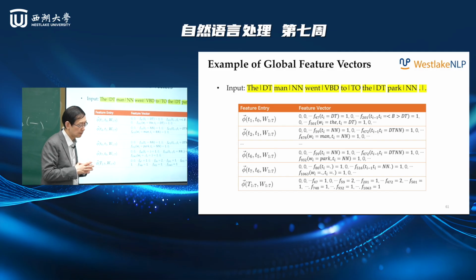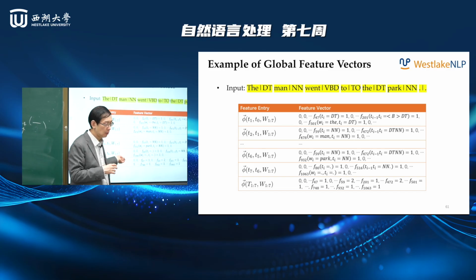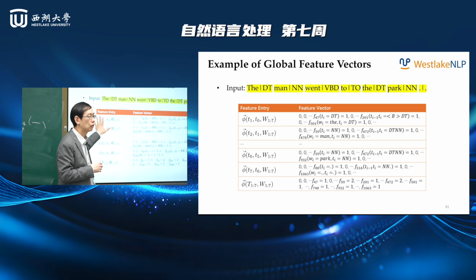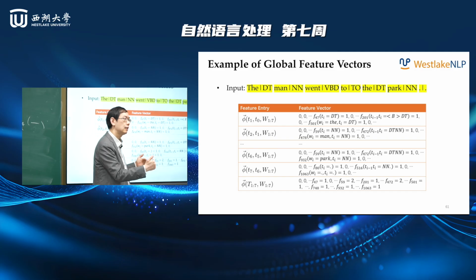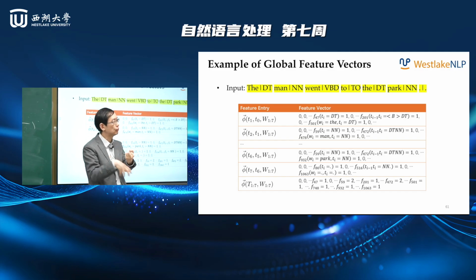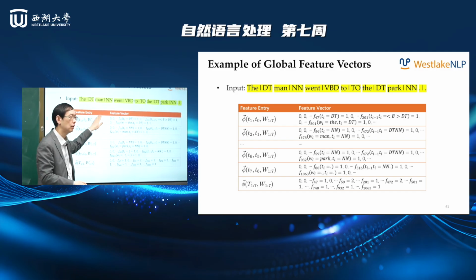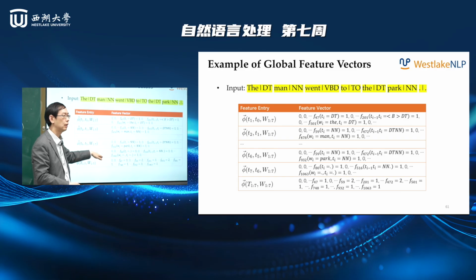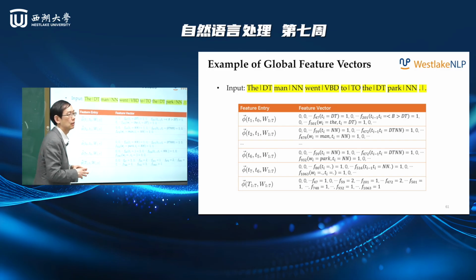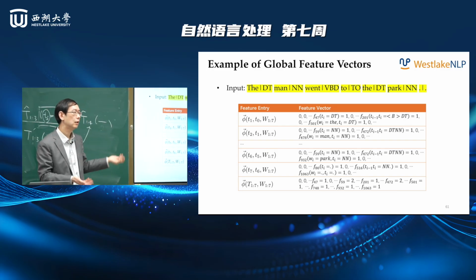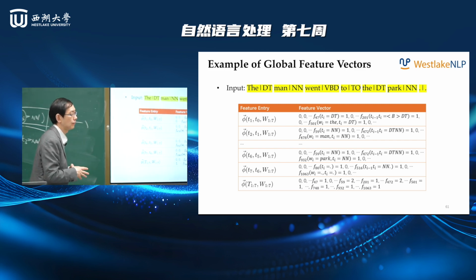So in other words, I'm just treating this global feature vector as a bag of local feature vectors. I'm just saying, okay, this is a nice tag sequence because in it, there is a determiner to noun transition, a noun to verb transition, and a verb to noun transition. I added them together, right? If the sequence contains a lot of nice patterns, it's a nice sequence. If the sequence doesn't contain a lot of nice patterns, it's a bad sequence. So that's how I accumulate local features into a global feature. Okay?